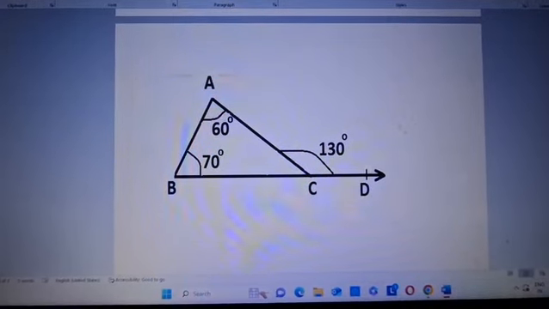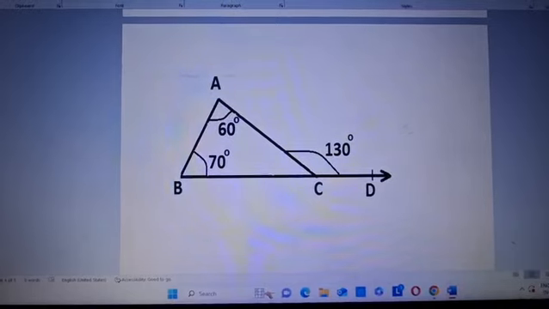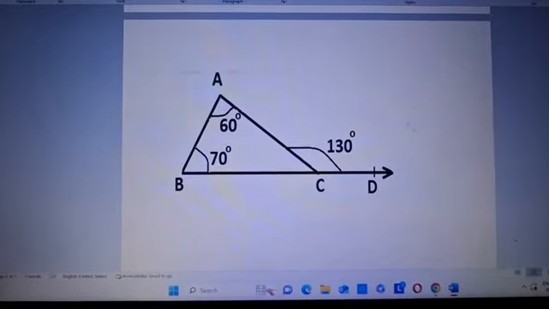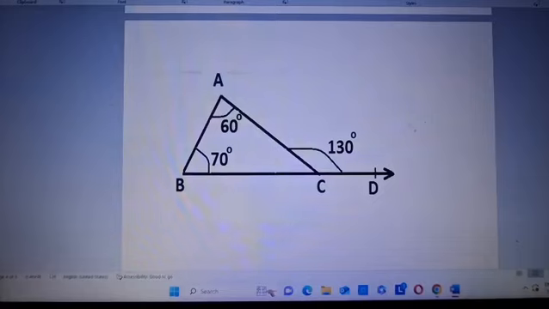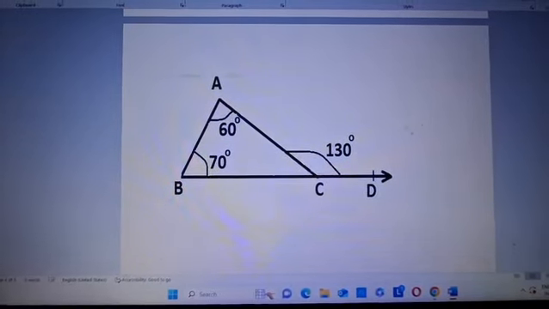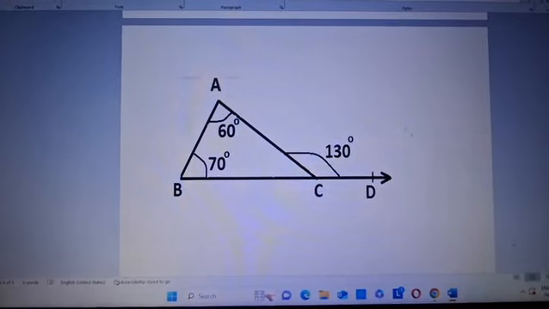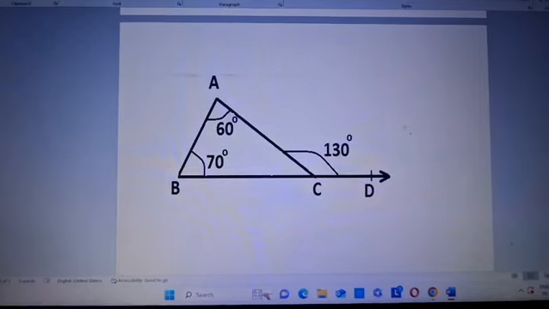Their measurements are 60 degrees and 70 degrees respectively. So according to our exterior angle theorem, which we have learned just now, we add 60 degrees and 70 degrees, and then we are able to find the value of angle ACD. So we can say that this triangle follows the exterior angle theorem.